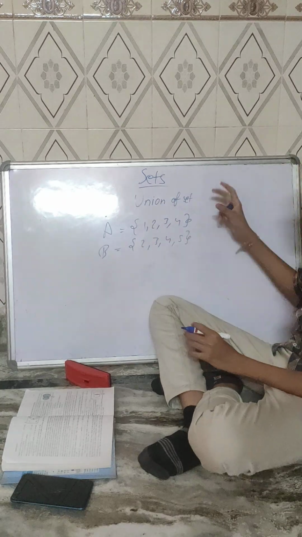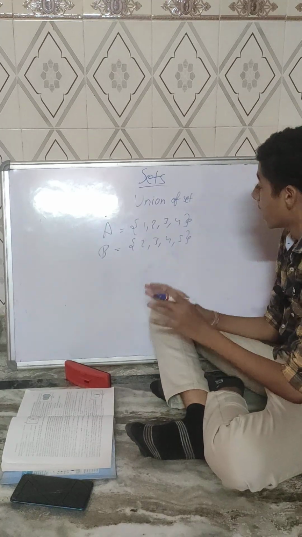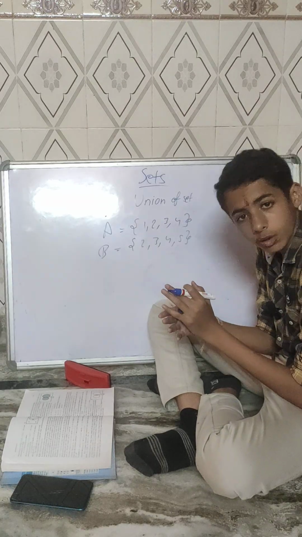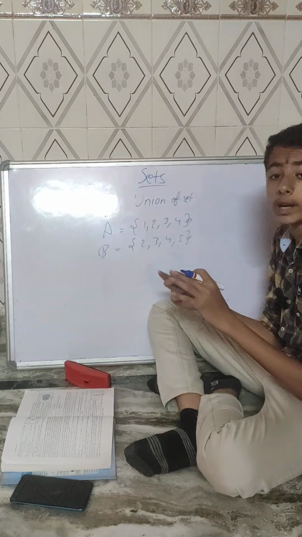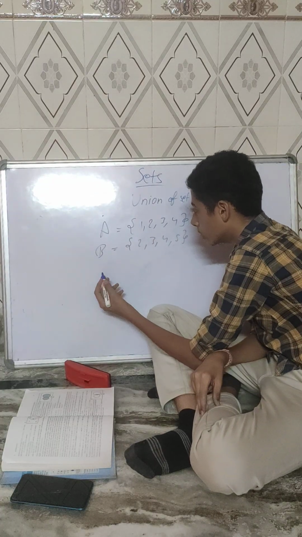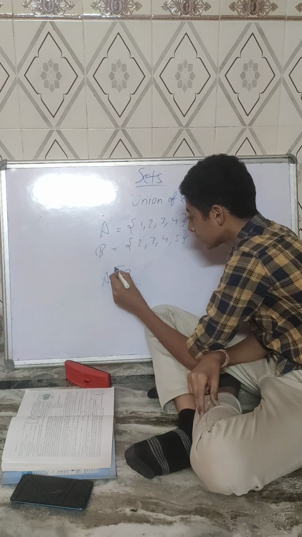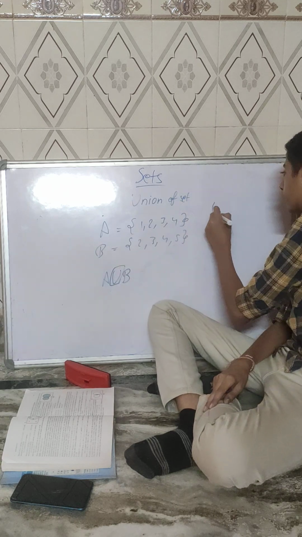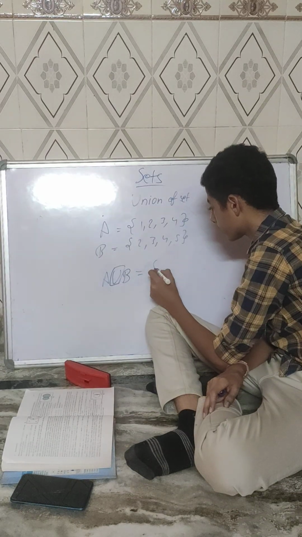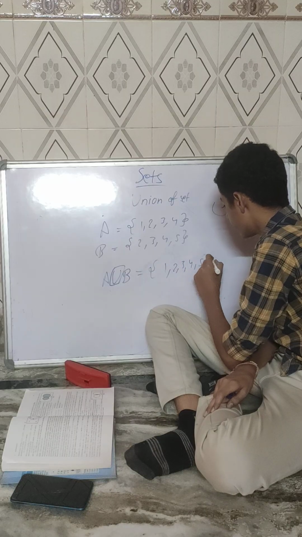If we talk about the union of the sets, everything present in these two sets will come together and make a third set, which is said to be A union B. This is the sign of union, like a U. This makes a new set, which is 1 2 3 4 and 5.